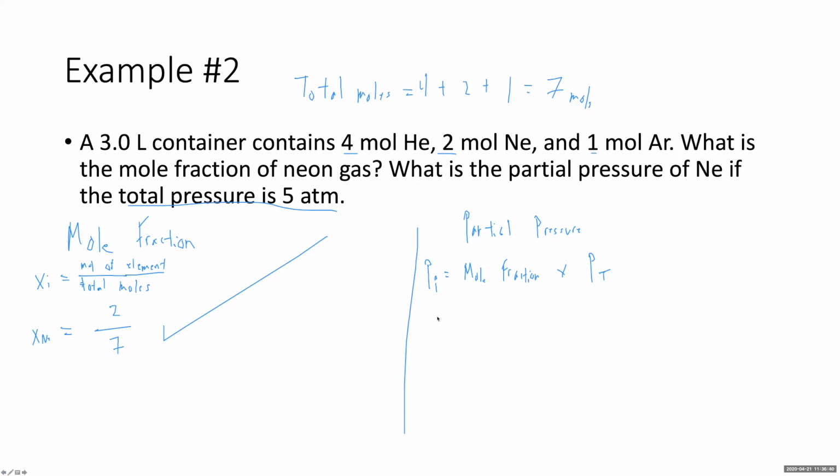And so guess what, guys? We're going to do the partial pressure of neon, which is P of Ne, and it's simply going to equal 2 over 7 multiplied by 5. And guys, what do we get? 2 times 5 gives you 10 over 7.